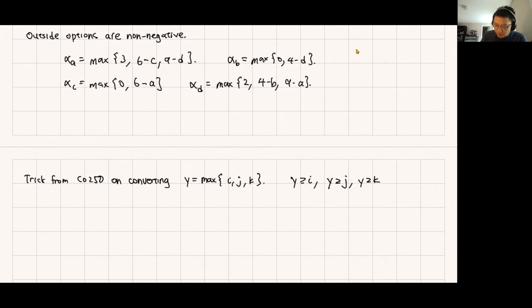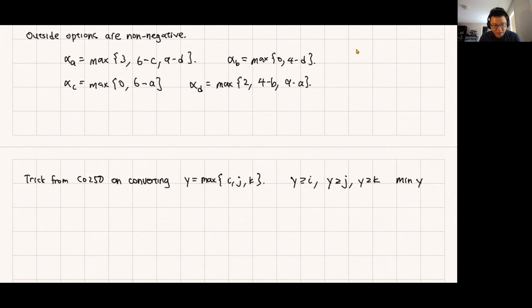But you don't want y to be infinitely large, so you say minimize y. The values i, j, and k are what you take the maximum of, and y has to be at least each of them. When you minimize y, it takes on the exact value of the largest of these three. That is the trick we get from linear programming.